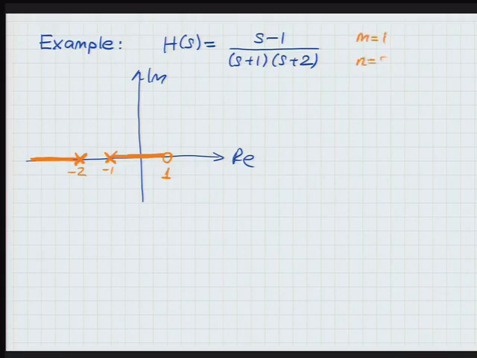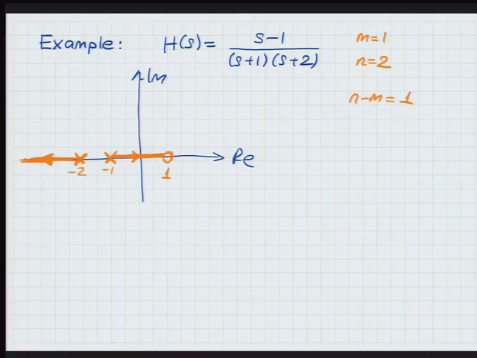How many poles? 2. n minus m is 1. That means 1 asymptote with angle 180 degrees. This guy is going to infinity because it has no 0 to go to, following that asymptote, which is the negative real axis. And this pole is going to this 0.